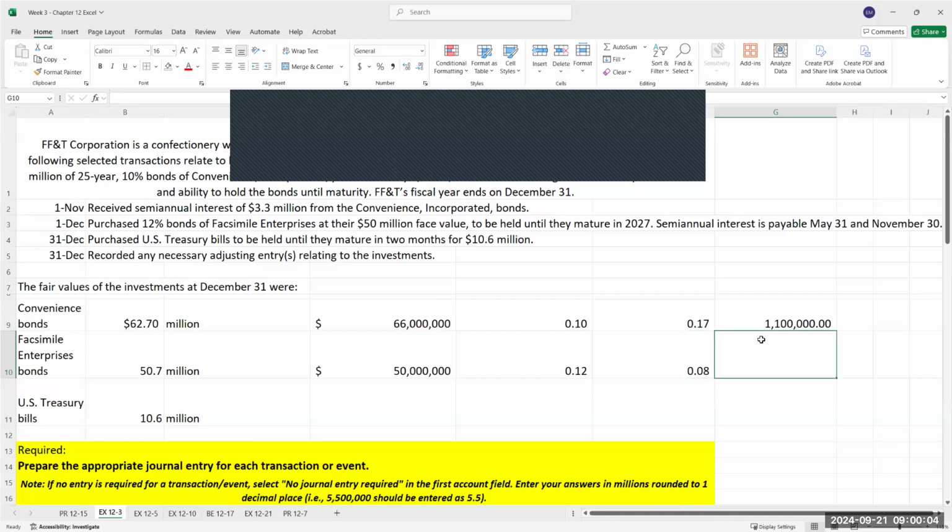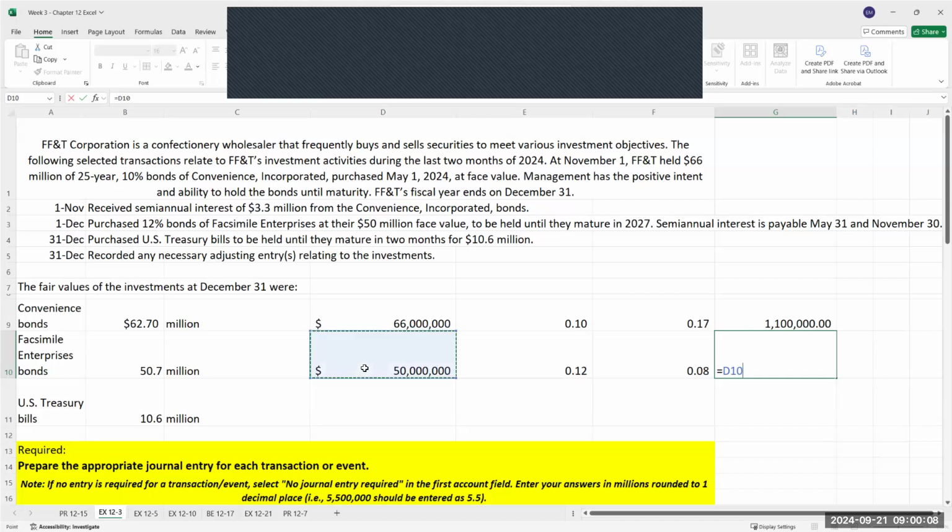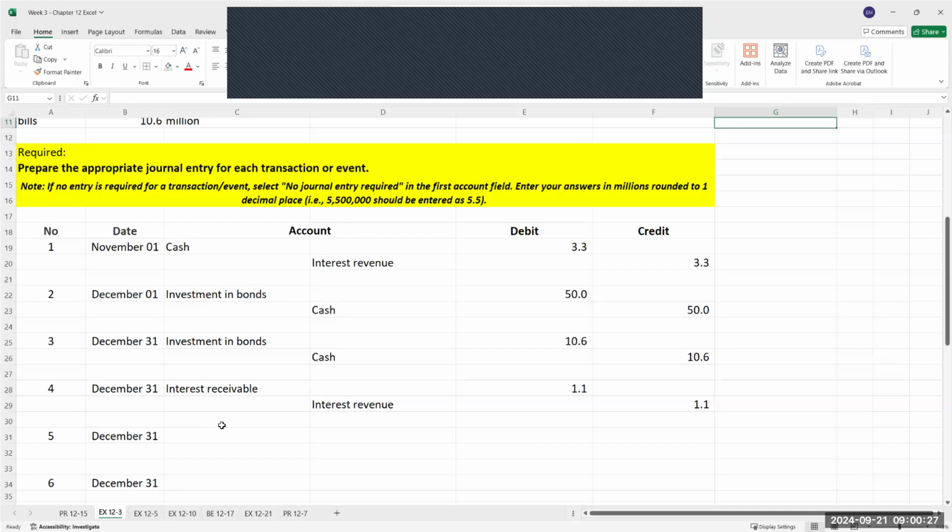So in order to calculate the amount of interest that we've earned thus far, it's the 50 million multiplied by the 12%, multiplied by the 1 month, which is December, because again, we purchased it December 1st. So therefore, here it represents $500,000. So the interest receivable for these bonds would be 0.5.